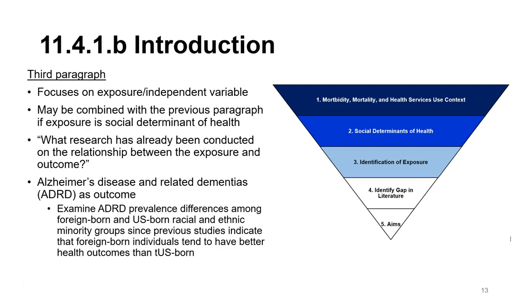So using ADRD as an example, we may want to examine how ADRD prevalence differs among U.S. and foreign-born racial and ethnic minority groups, because previous studies have shown that foreign-born individuals tend to be healthier. They tend to have better health outcomes than those who are U.S. born.